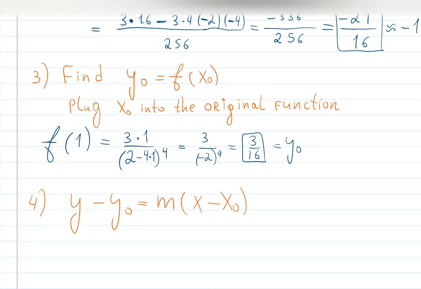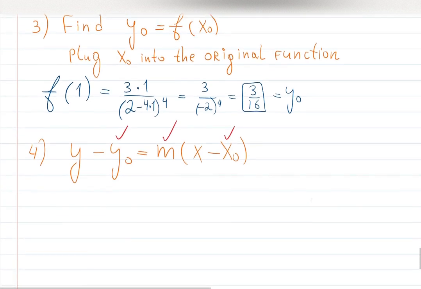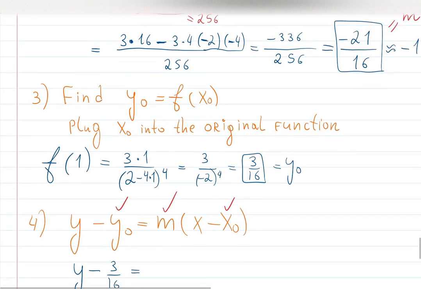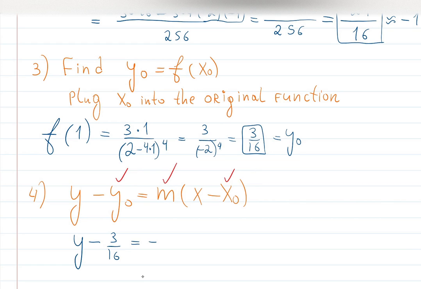We can check everything we have. X sub 0 was given, slope we found at step 2, y sub 0 we just found in step 3. Let's plug everything in. Y minus 3 over 16 equals, slope is negative 21 over 16, x minus 1.